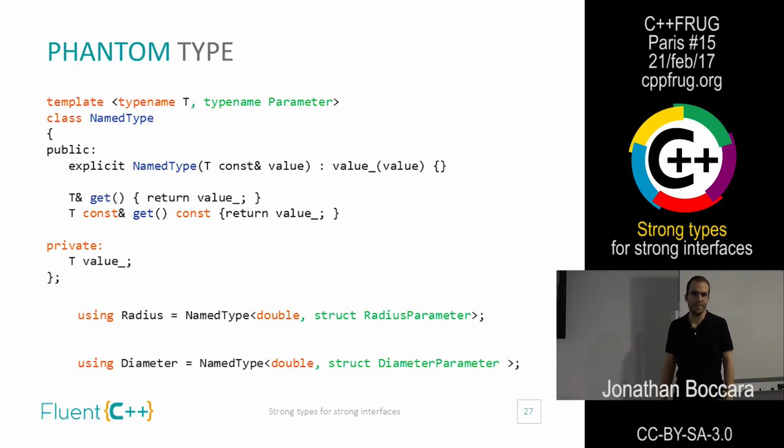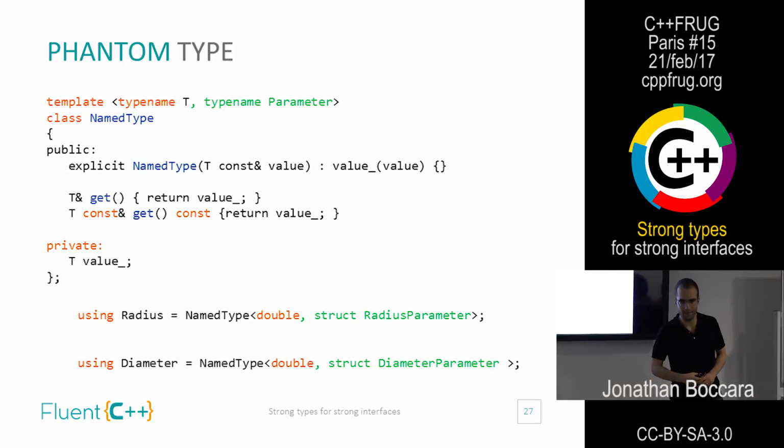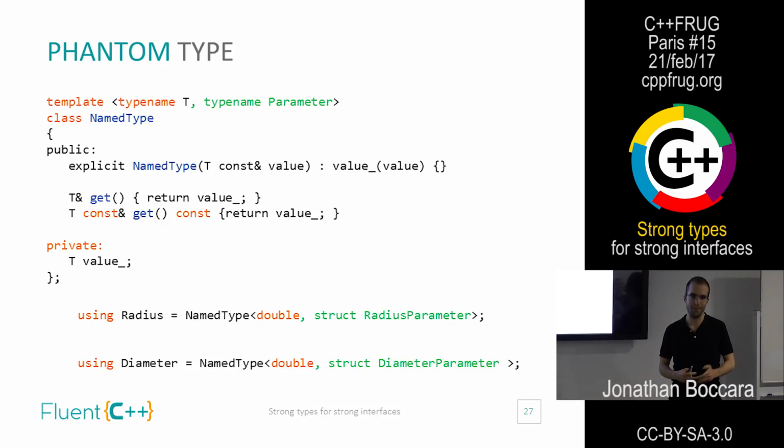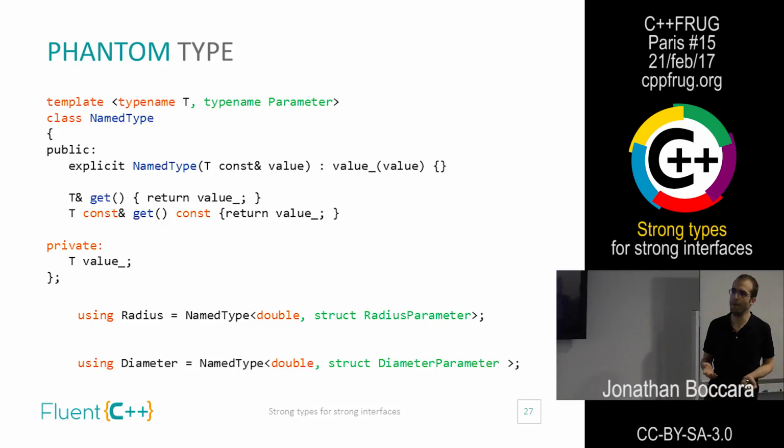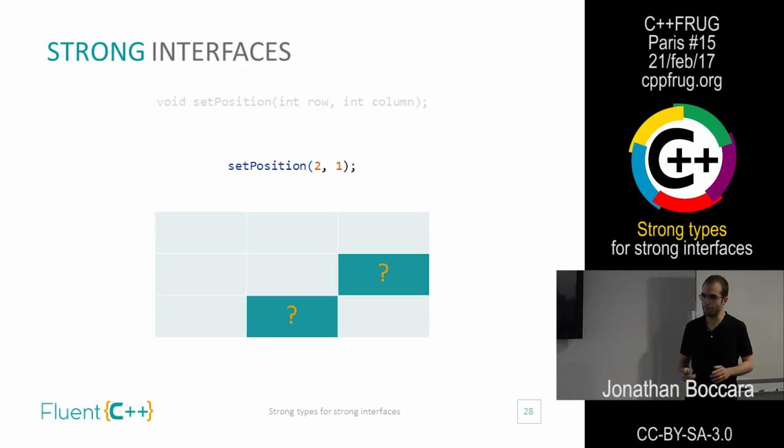Now, how can we use this? This example has come from my colleague and friend Frederic, who has helped me with that topic as well. This is in UI, somewhere in testing maybe, and I'm trying to describe a position in a table with a row and a column.